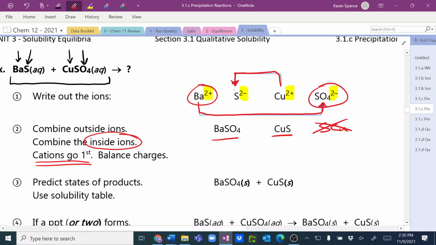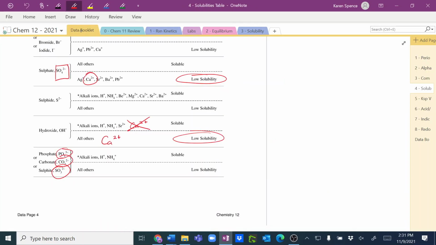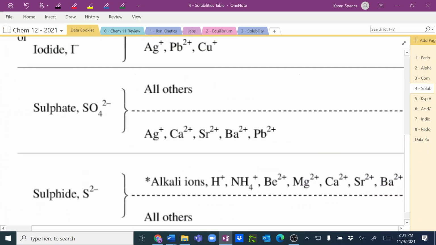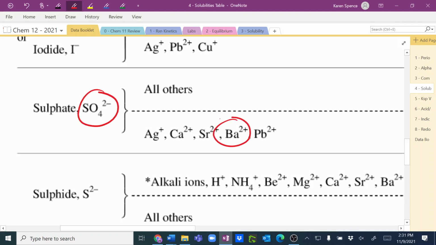Predict the states of the products using your solubility table, and I think you guys are getting fairly good at this point, but we're going to go look up barium sulfate and copper sulfide. Barium sulfate, we look up sulfate, and we say, what does it do with barium?